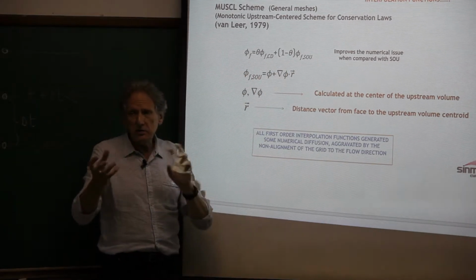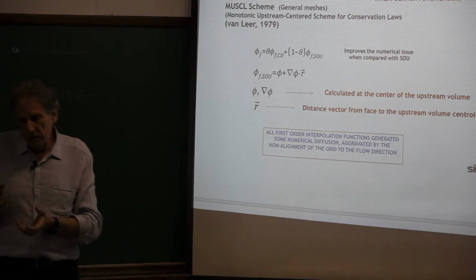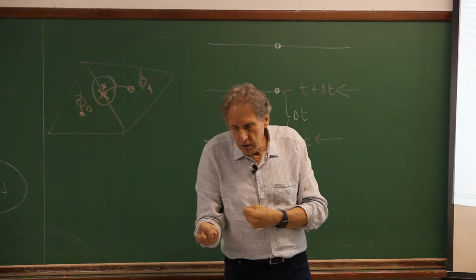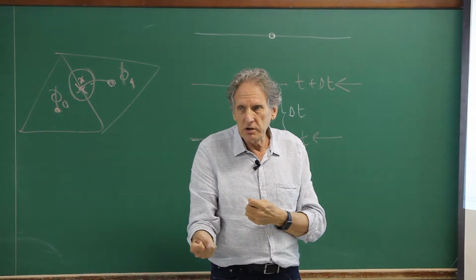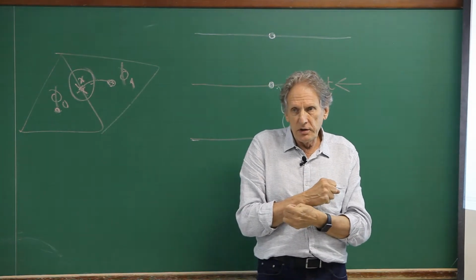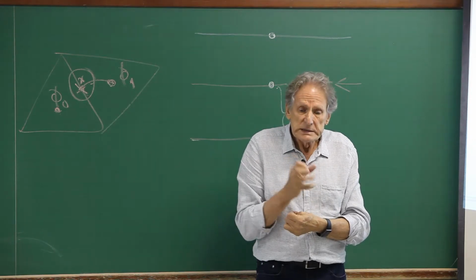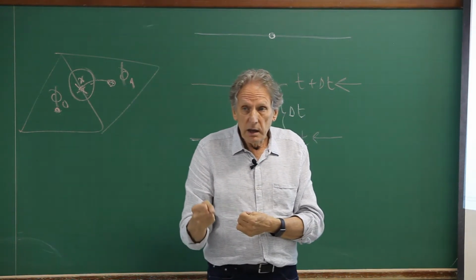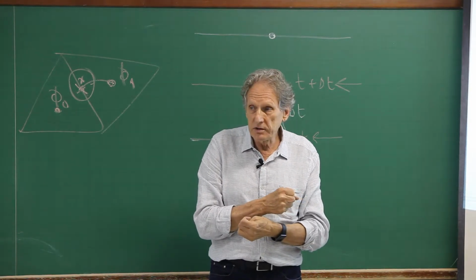Theta is some weighting that you are saying, give more importance to the second order upstream, less importance to the central differential scheme. What you are saying on that? You're saying, give more importance to the advection and less importance to the diffusion.